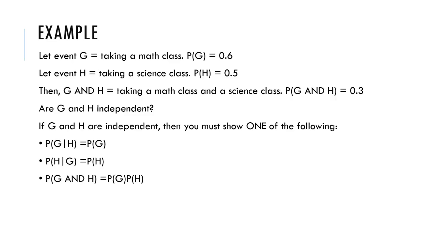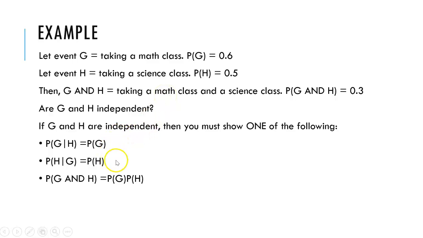All right, so they tell me let event G be taking a math class, and that probability is 0.6. Let event H be taking a science class, and that probability is 0.5. Then G and H, taking a math class and a science class, would be 0.3, and they ask us, are they independent events?